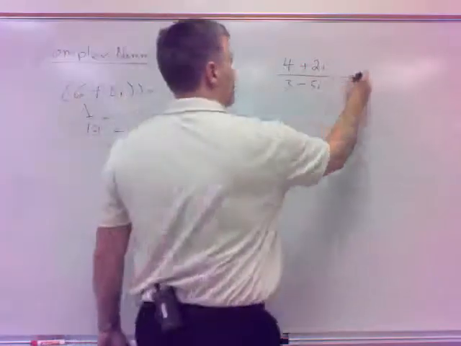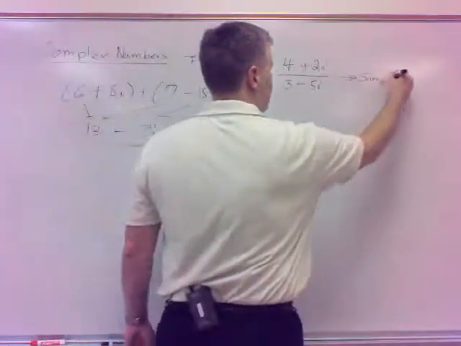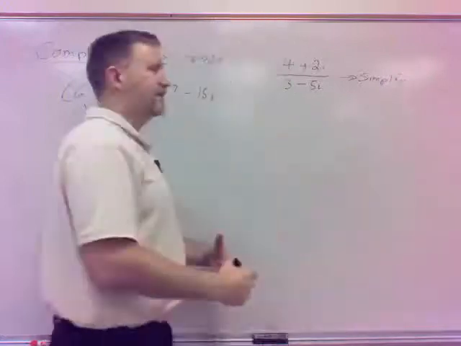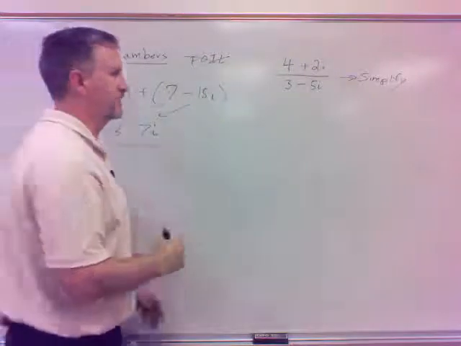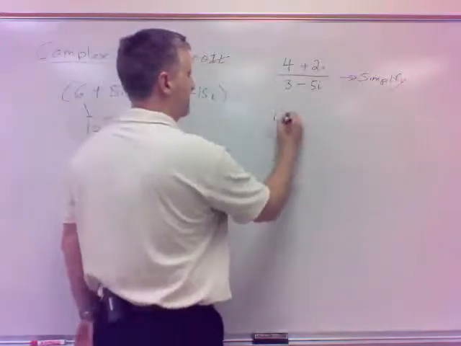Simplify. Which I guess you could call a complex number fraction. Looks like it's a complex number divided by a complex number, but that's not really what we're going to do here. We're not actually going to divide like we normally think of divide, long division or anything like that. How do we simplify?